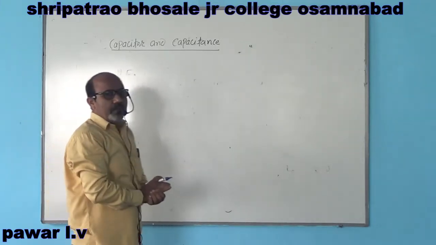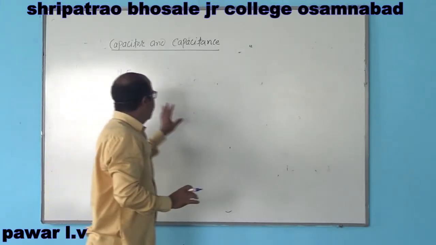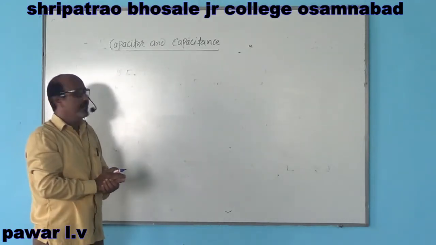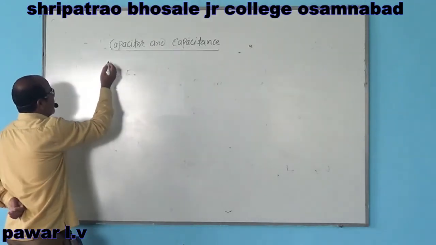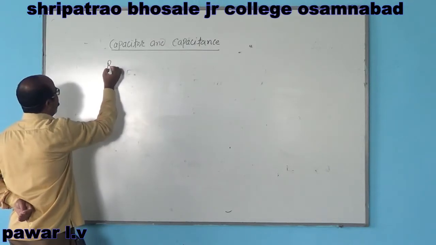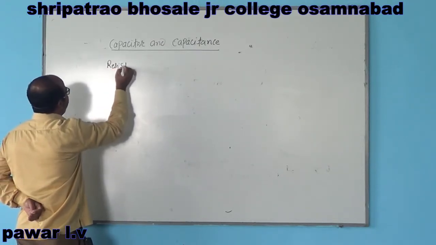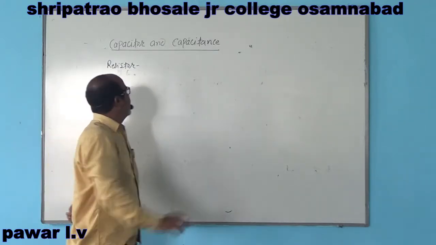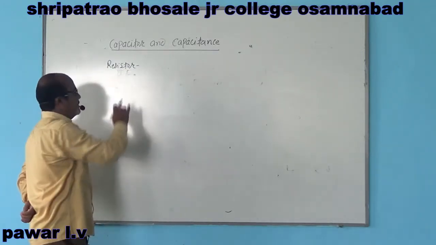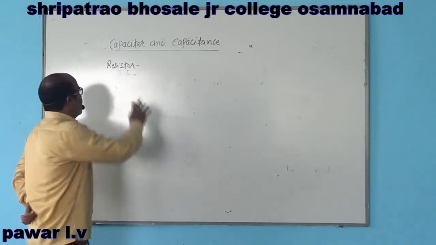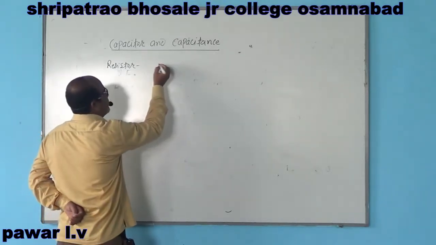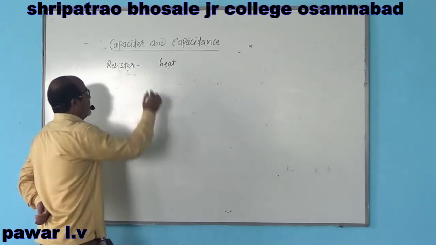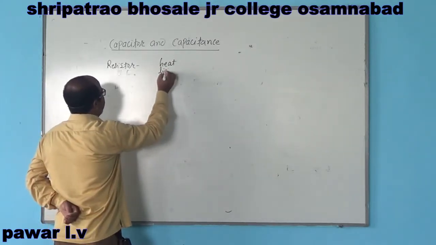We know the conductor can allow electricity to pass through it. If electricity is passed through resistor, it opposes the flow of electrons, or it opposes the motion of charges passed through it. Therefore, it converts electrical energy into heat energy or light energy.